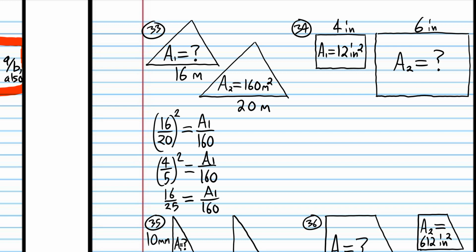And this is a situation where we just don't have enough room. Again, that's going to happen a lot. So just use an arrow there. And we cannot reduce 16 over 25. So we're going to go ahead and cross multiply. 160 times 16 is 2,560.